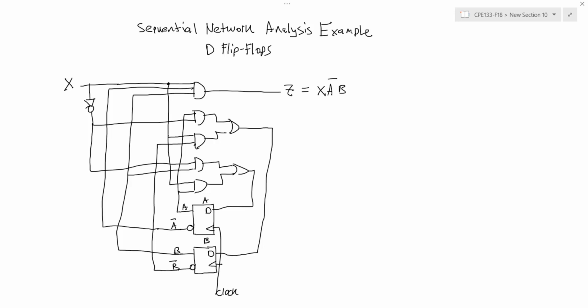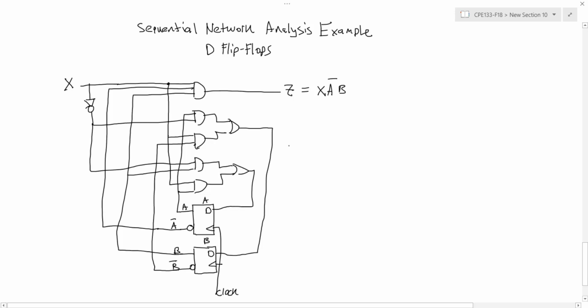Given a sequential circuit, I have two D flip-flops, one that I've labeled A and one that I've labeled B, and then some combinational logic to generate the output Z, as well as taking the state of my flip-flops and also the input X to generate the inputs to these D flip-flops.